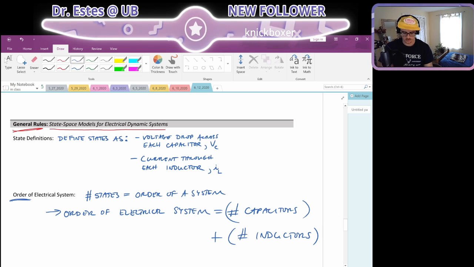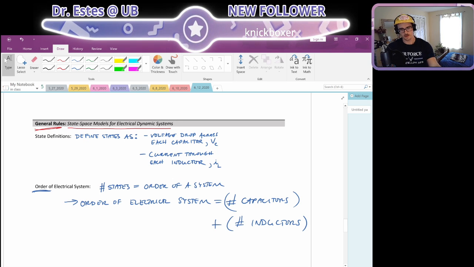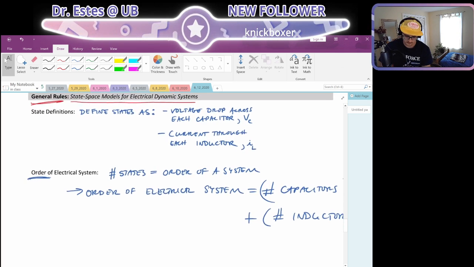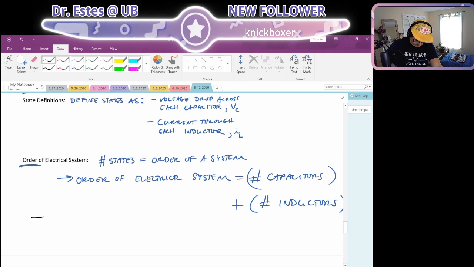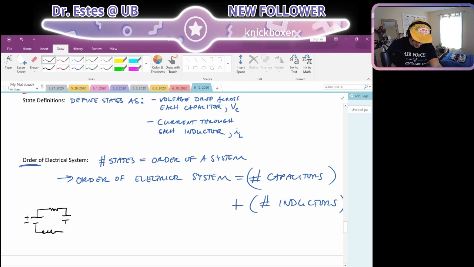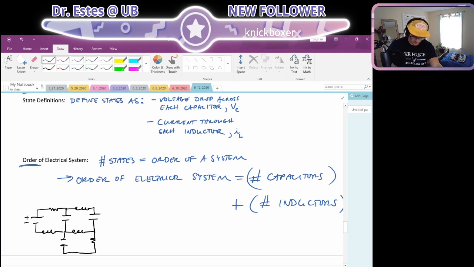So you can use this trick to impress some of your friends if you have very nerdy friends, maybe. For example, what if I make this crazy looking circuit? It's got an inductor there, it's got a capacitor over here, it's got another inductor, another capacitor, an inductor, a resistor, and then another capacitor over here.